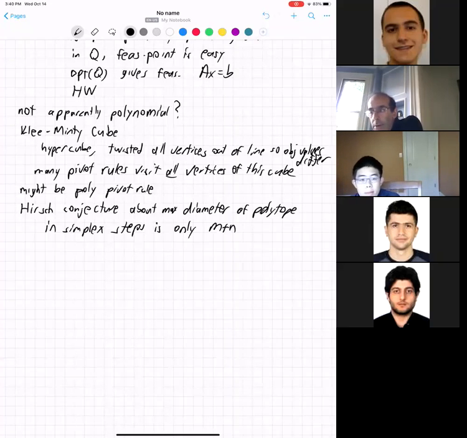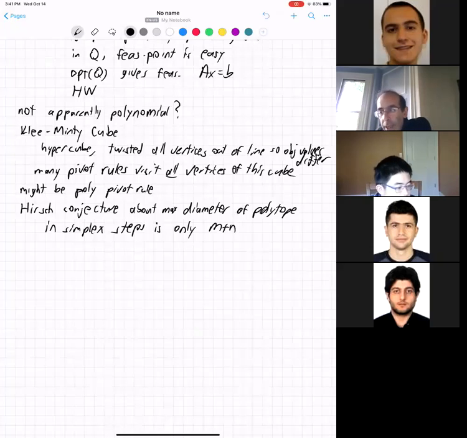Now, that doesn't prove that there's a good simplex algorithm because this path might not be monotonic in the objective function. But it will at least give some hope that there's a good simplex algorithm, a good pivot rule. Unfortunately, this was disproved.